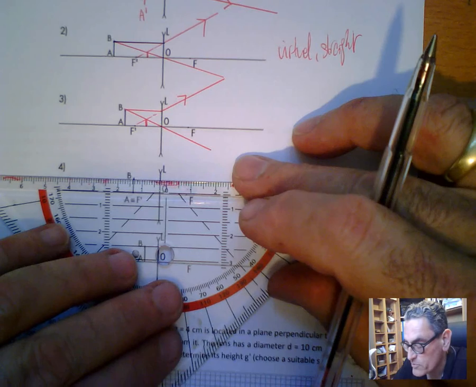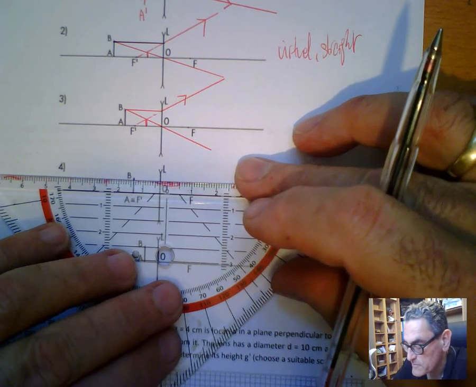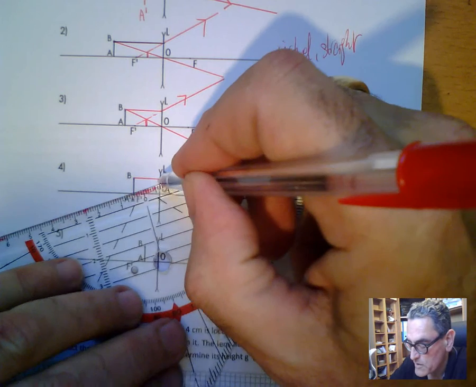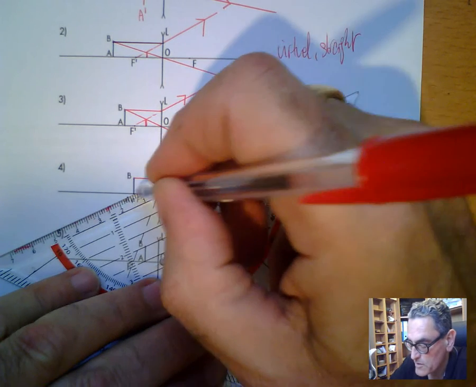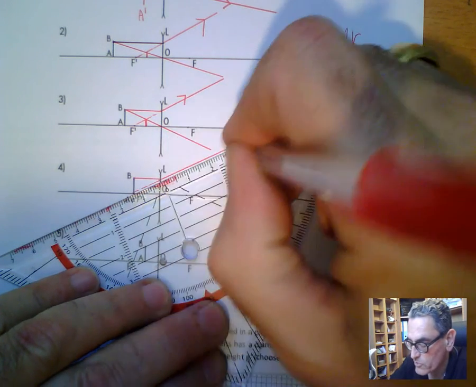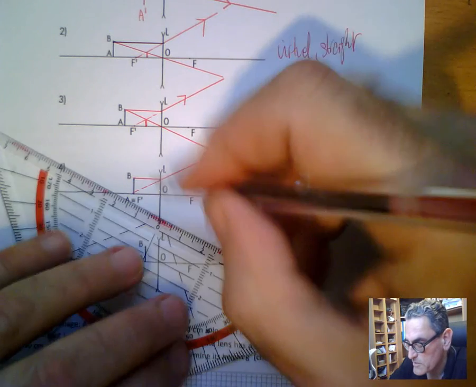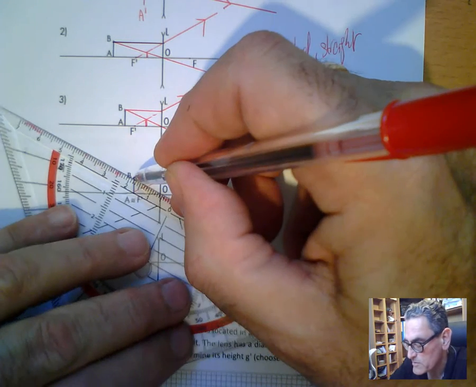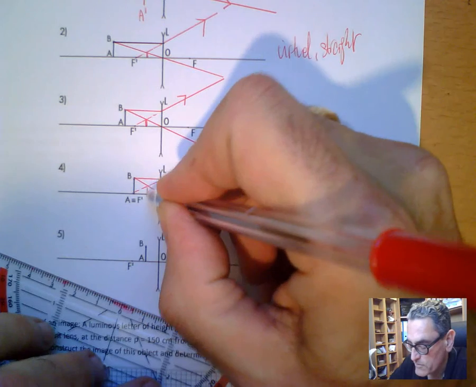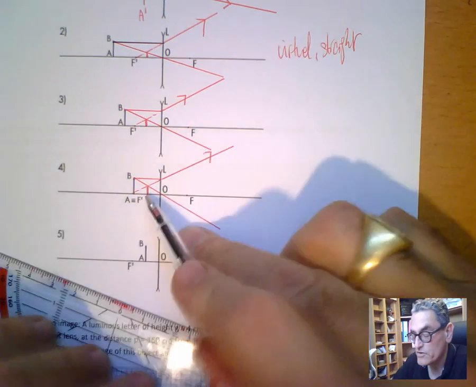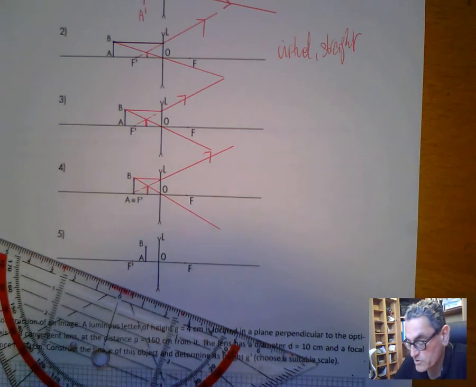And then for this one, now the object is at the focal point. Okay, and in that case we have an image here which is growing a bit but not much.